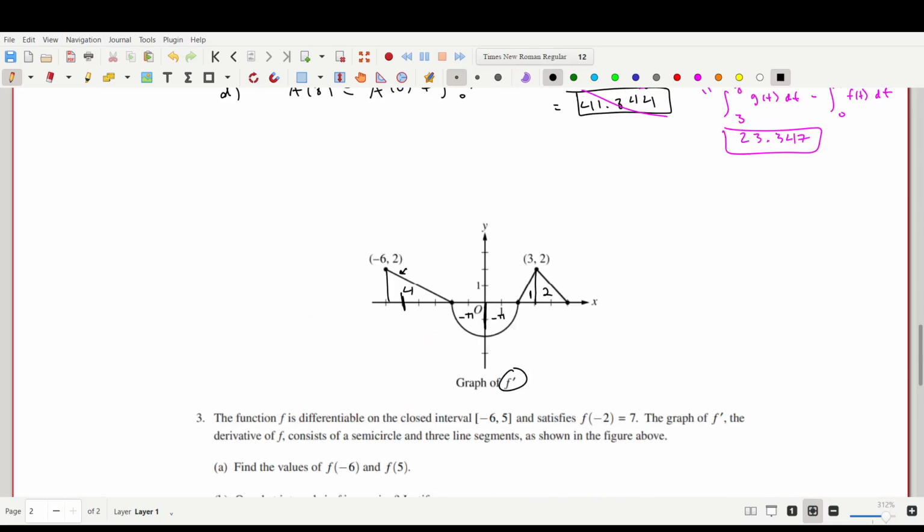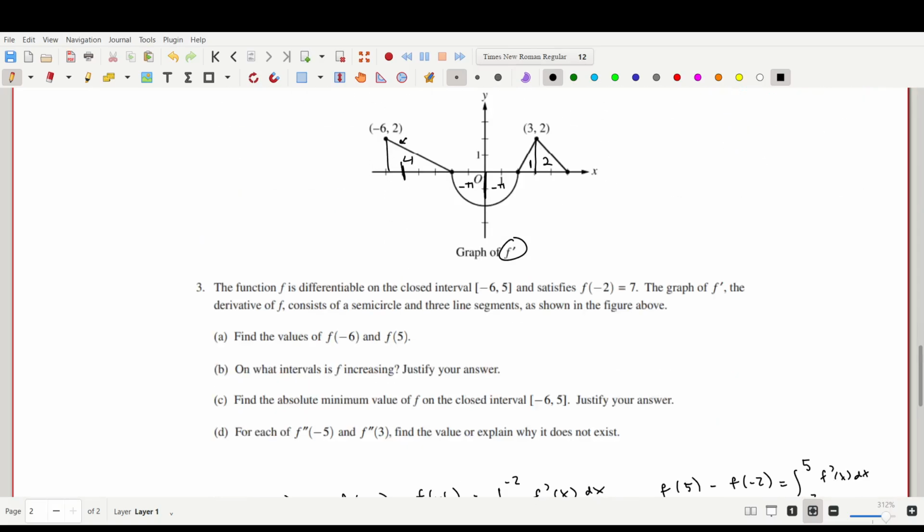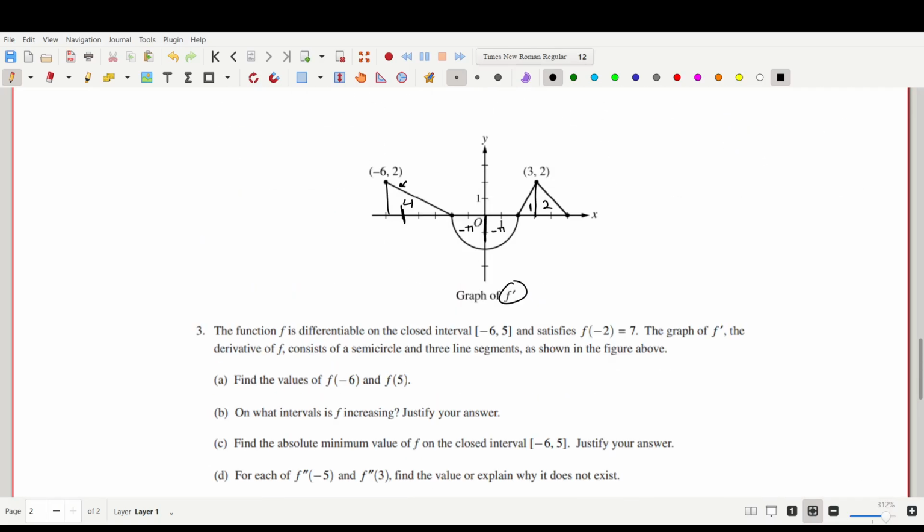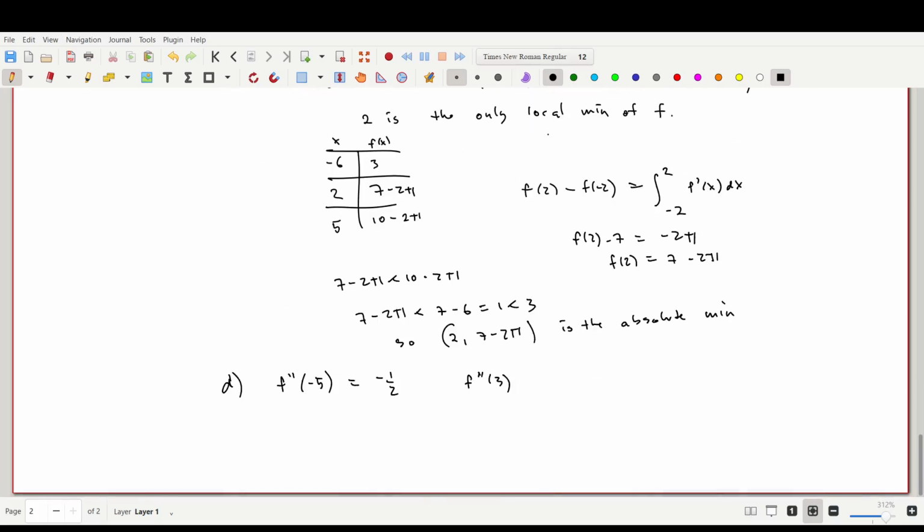And then the other one was f double prime of 3. Oh, this one's a stupid problem. This one doesn't exist, but saying it is actually really difficult. F prime of 3 does not exist, and how do you say it? You have to be careful.